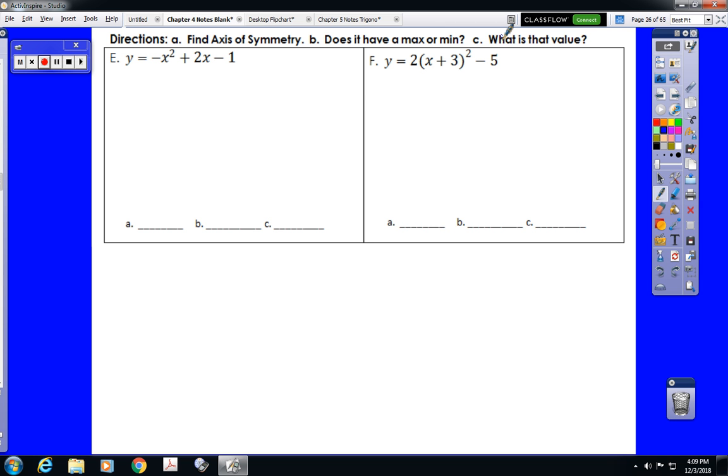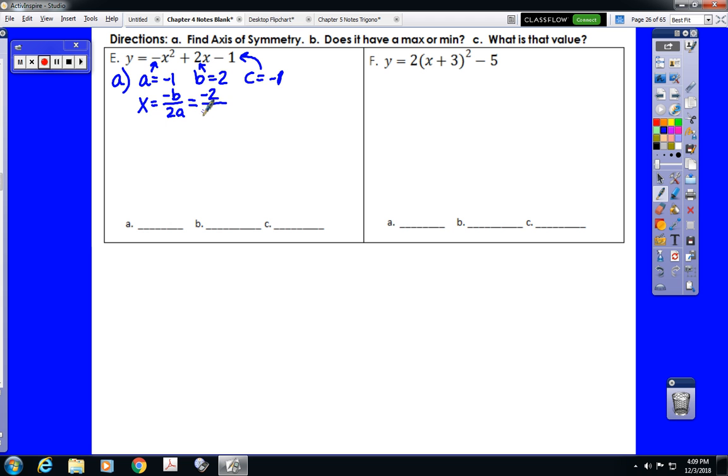So, for part A, to find the axis of symmetry, we start off by identifying A, B, and C when it's in standard form. So A is negative 1, B is positive 2, and even though we don't really need it, C is negative 1. Then we say the axis of symmetry is negative b over 2a.